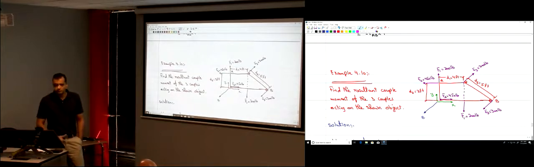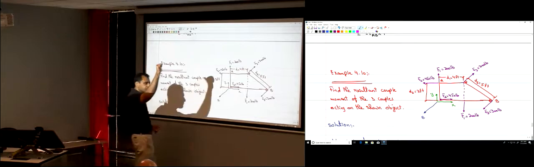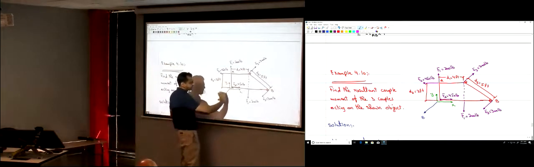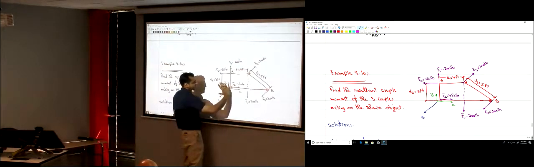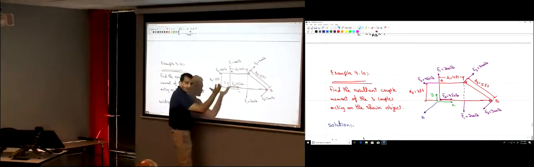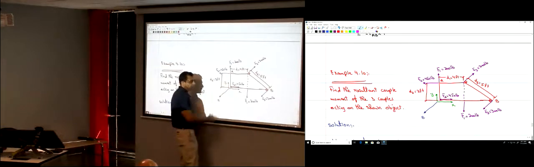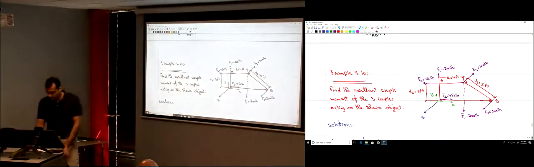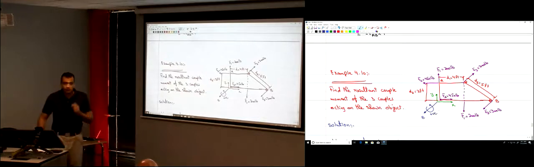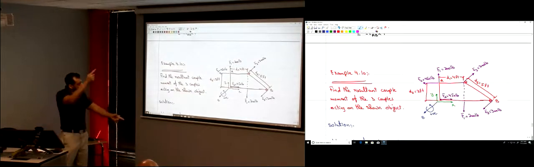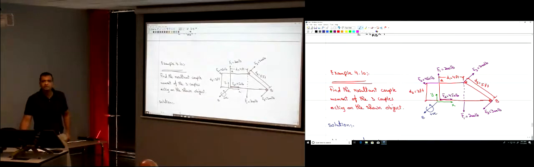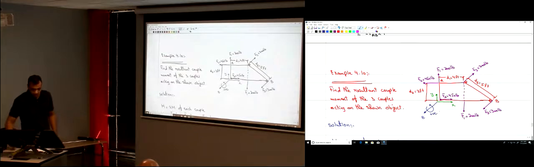The right hand rule. Okay? So I just direct the thumb along the positive Z axis, and then the rest of the fingers will show you the positive direction. So actually, this is the positive direction. Okay? Rotating this object in a counterclockwise direction. Usually it's counterclockwise, okay? That is positive.